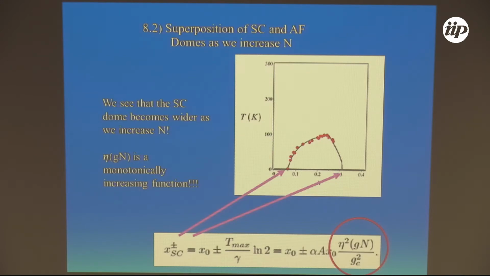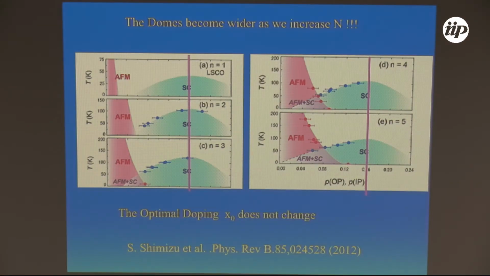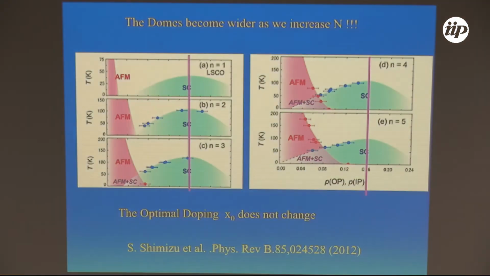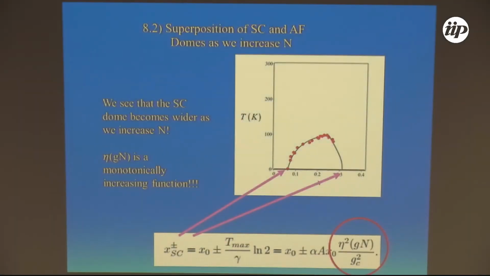Okay, I'll show here. So this is the mapping of the domes. N equals 1, 2, 3, 4, and 5. So you see that as we increase the number of planes, these domes come closer and eventually superimpose. So if we look at our expression for these 2 points here, you see that x minus, for example, is x0 plus or minus this.